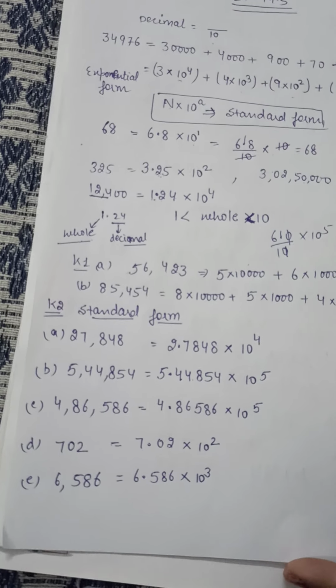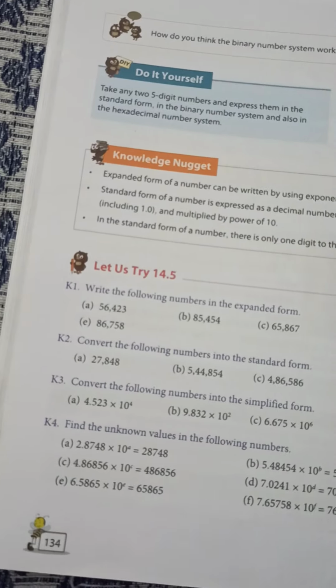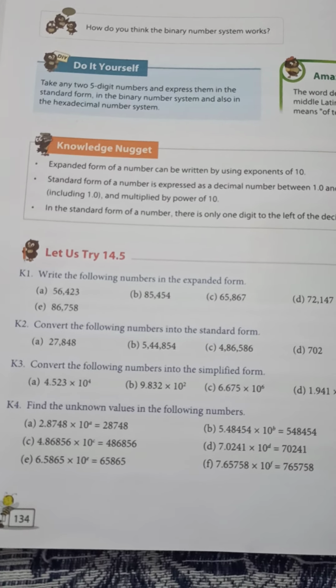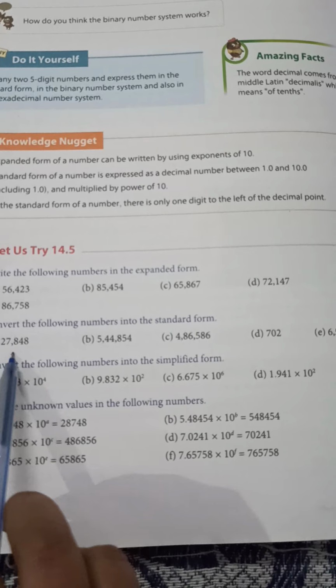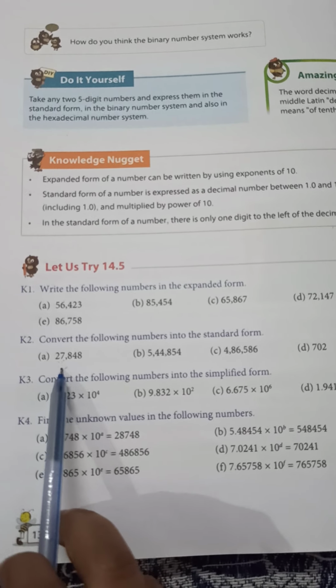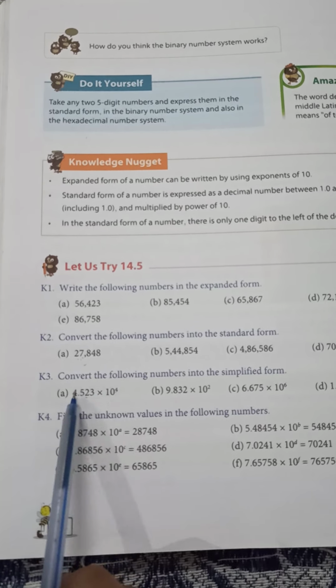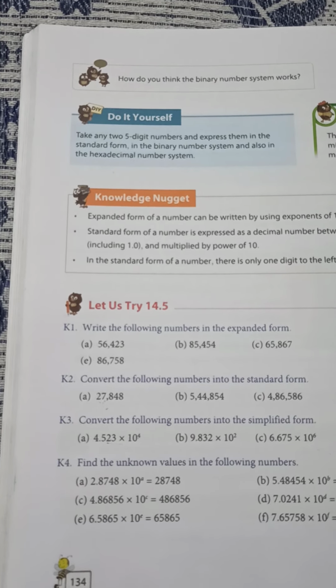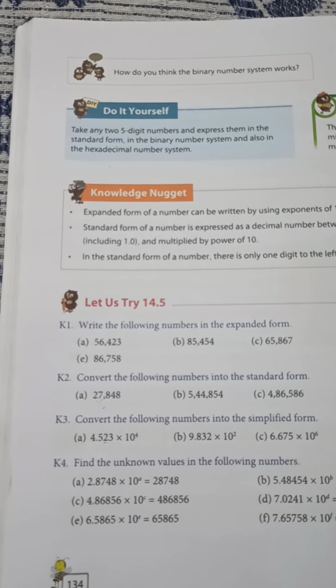Clear? Now the key third is convert the following numbers into the simplified form. This form is the simplified, right? Now the numbers are given in the standard form and these you have to write as the simplified ones.